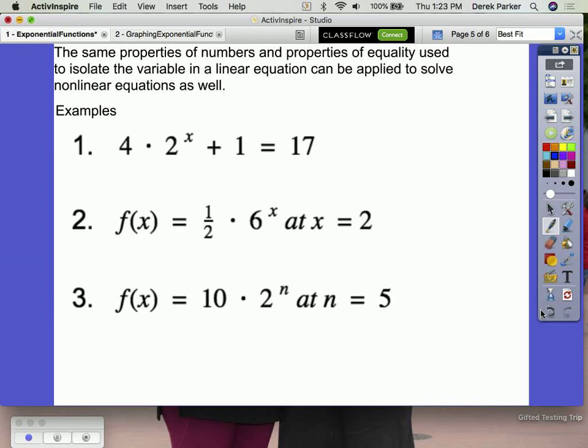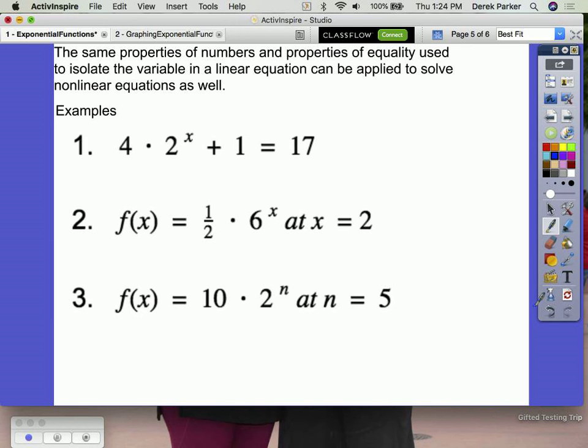Second, this is like function notation. I'm giving you the x value, and all I'm doing is plugging it in. Half times 6 to the second power, order of operations. 6 to the second power is 36, and I get half times 36. My answer is 18.